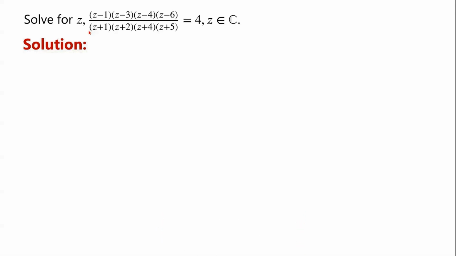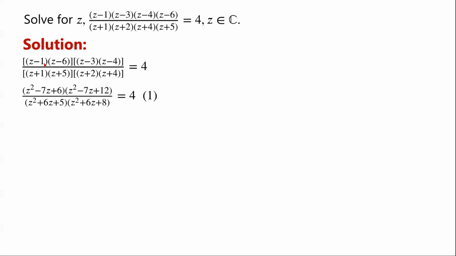First, we group and multiply the linear factors. We multiply z-1 by z-6, and z-3 by z-4. In the denominator, we multiply z plus 1 by z plus 5, and z plus 2 by z plus 4. The product of z-1 and z-6 is z squared minus 7z plus 6.